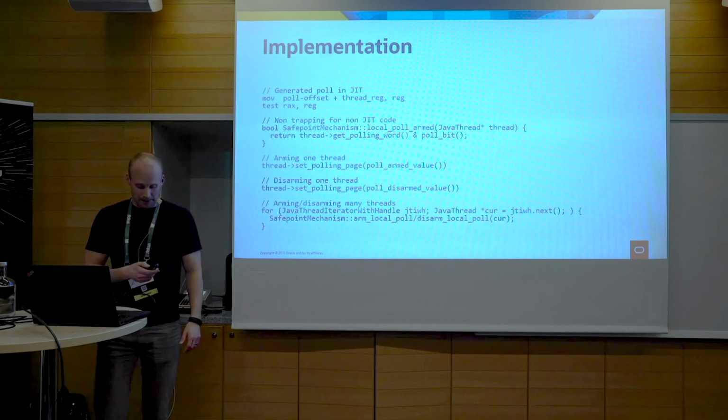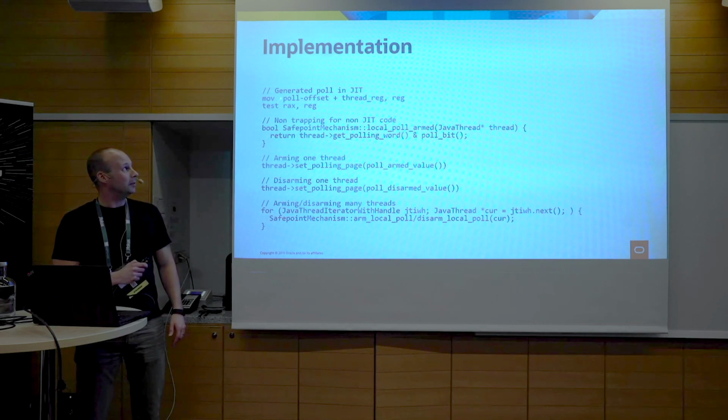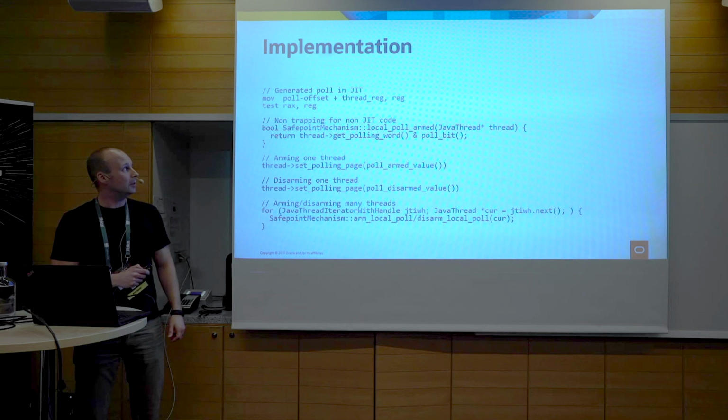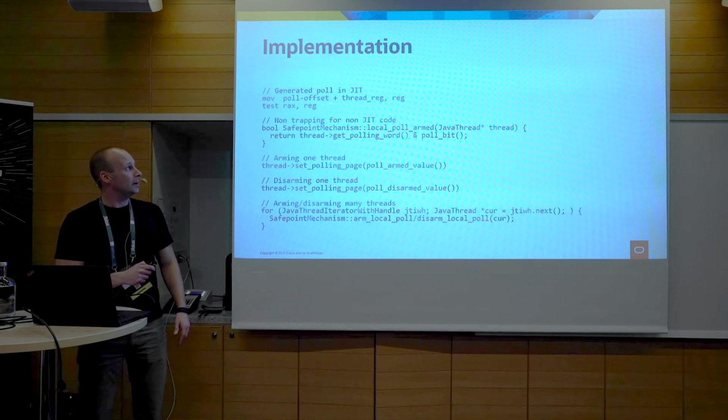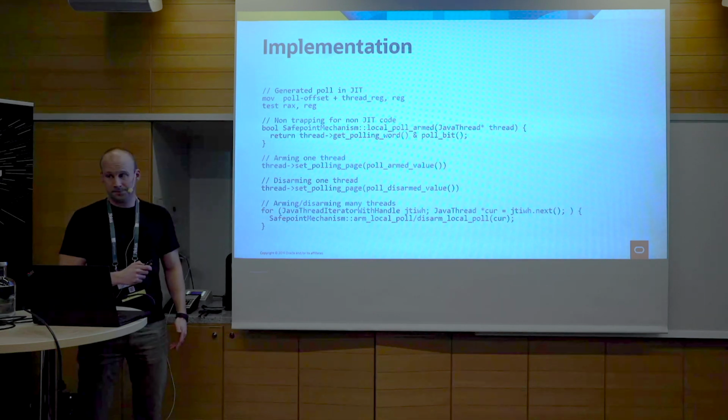And the poll becomes slightly more complicated since we do an indirect load, so we need to load that. This is R15 if this is x86 64-bit. So we put that address in here and then we test that.